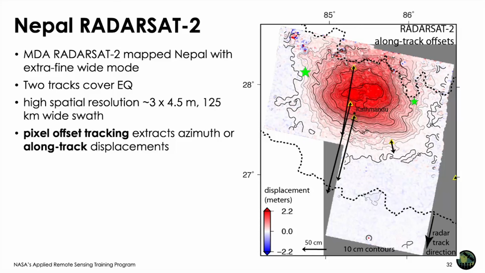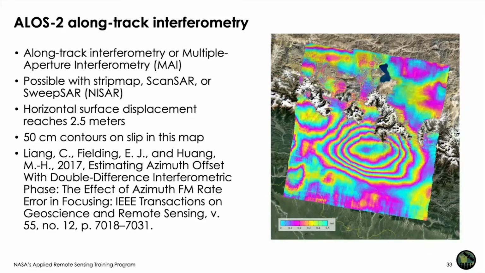And there's another special SAR analysis method that we call along track interferometry. This was implemented for ALOS-2 data by a postdoc that was working with me, Shunrun Liang, and he made this along track interferogram from the ALOS-2 ScanSAR data.